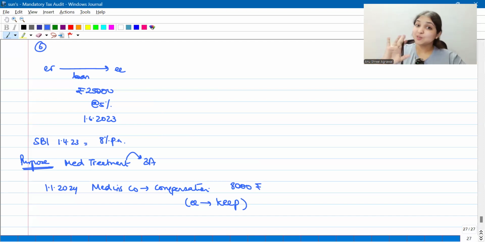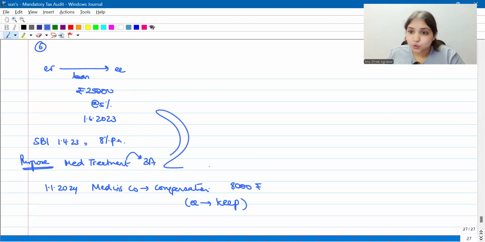So, do you agree first of all that my employee has enjoyed two benefits for the same disease, guys? For the same problem, he got one benefit from his employer: he got a 3% discounted loan. Second, he got medical insurance compensation also. So for the same issue, he got two benefits.